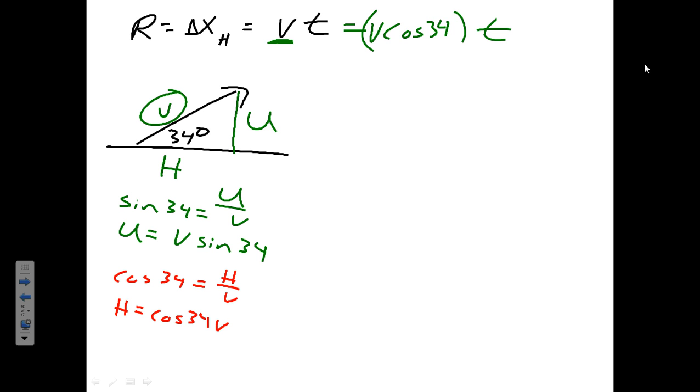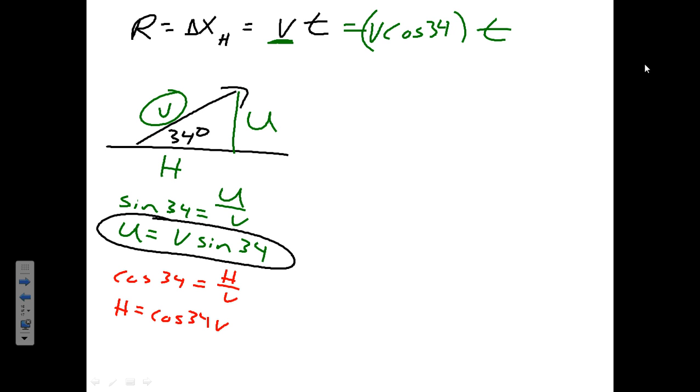And what always determines your T? Vertical stuff. So let's think about vertical stuff for a minute. We know this. We know that this ball is going to leave the ground and it's going to come back to the ground. So what does that tell us about the ball vertically?